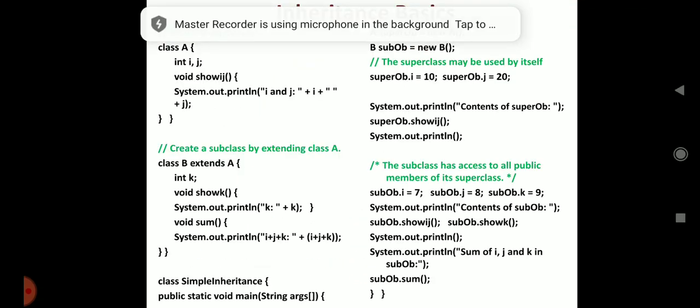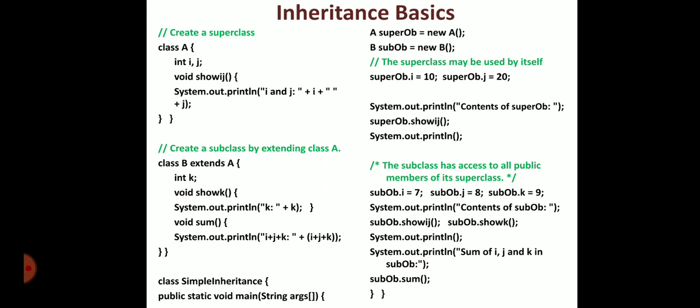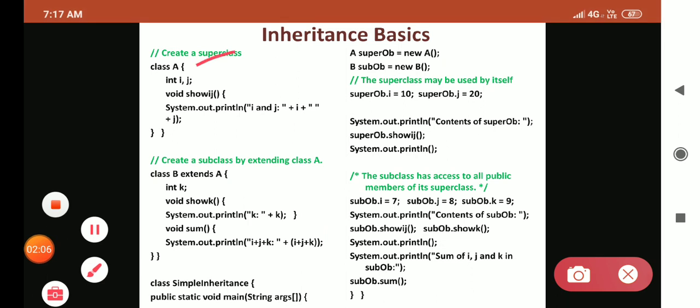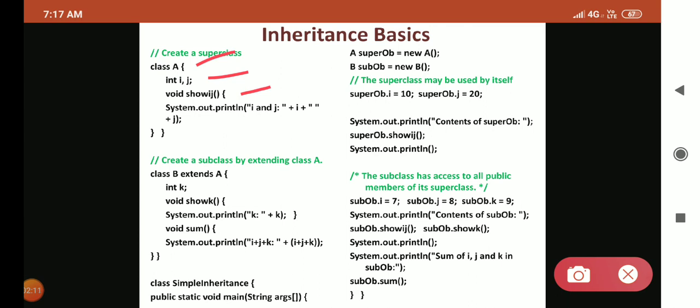Well, we will take one programming example, then it will be more clear for us. Now here there is a class A, and here we have declared I and j. There is one more method, showij, in class A. So whenever we call the showij method, the values of I and j will be displayed on screen.